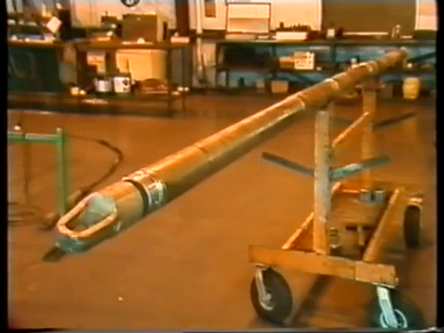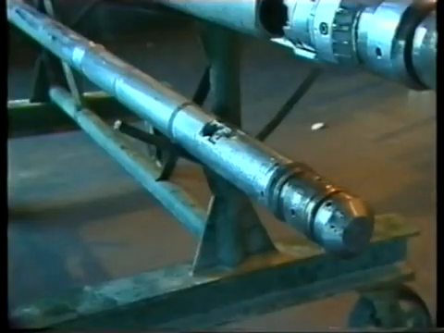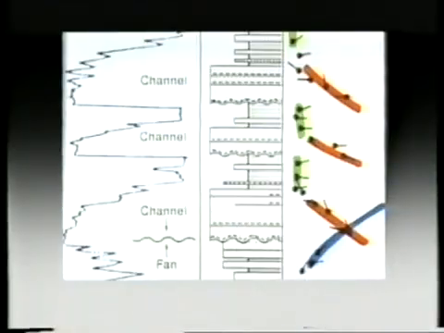Specifically, we'll look at those tools that measure either a formation's electrical properties, acoustical properties, or nuclear properties. In GL 403, we'll see how data from various logging tools are combined to produce logs that evaluate specific formation and fluid properties. The final module in the series, GL 405, will be devoted exclusively to dip meter interpretation.